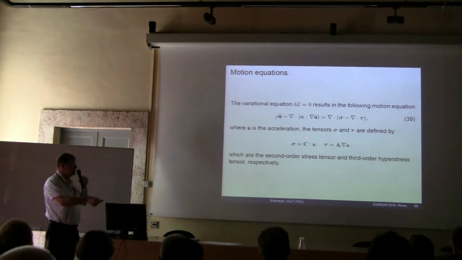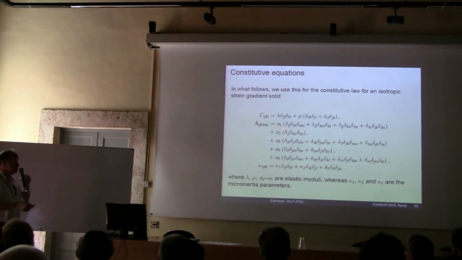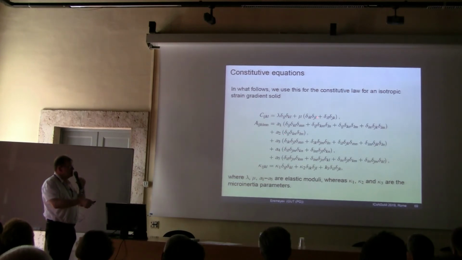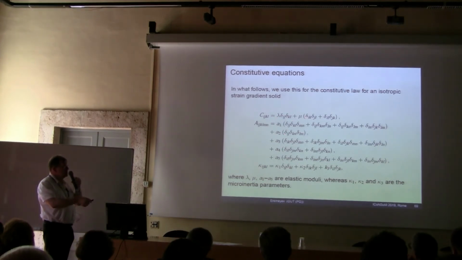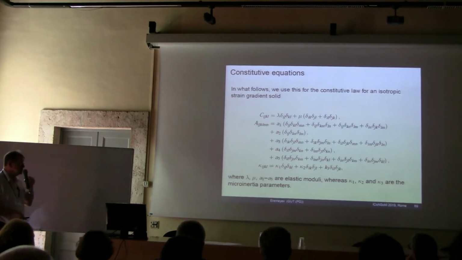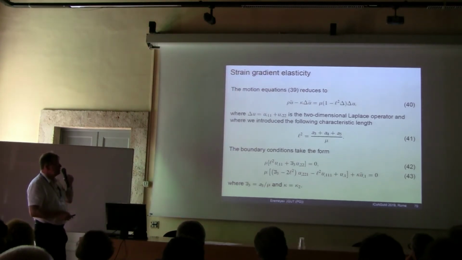We have stresses and hyperstresses here, and even for isotropic solids we have a number of parameters. In addition to the Lamé parameters, we have 5 elastic parameters and 3 inertia parameters.